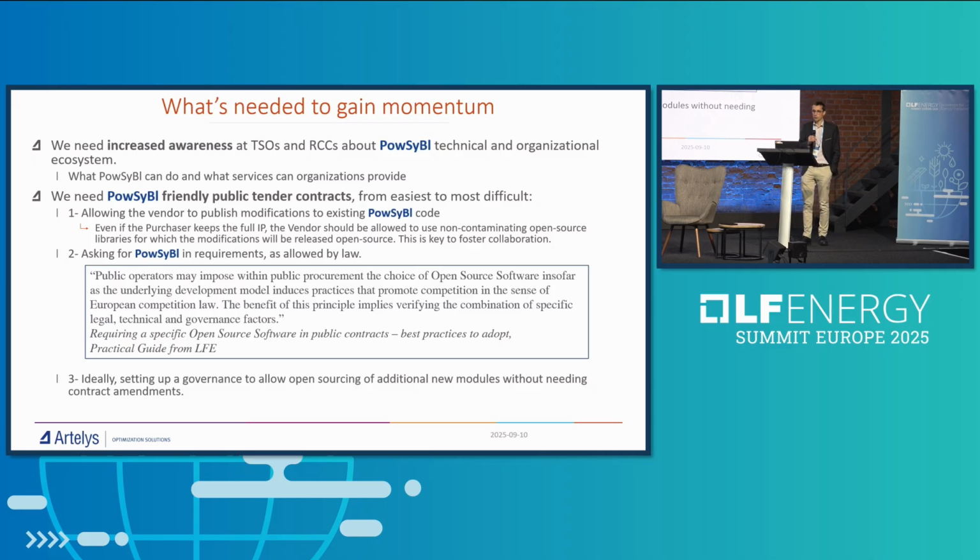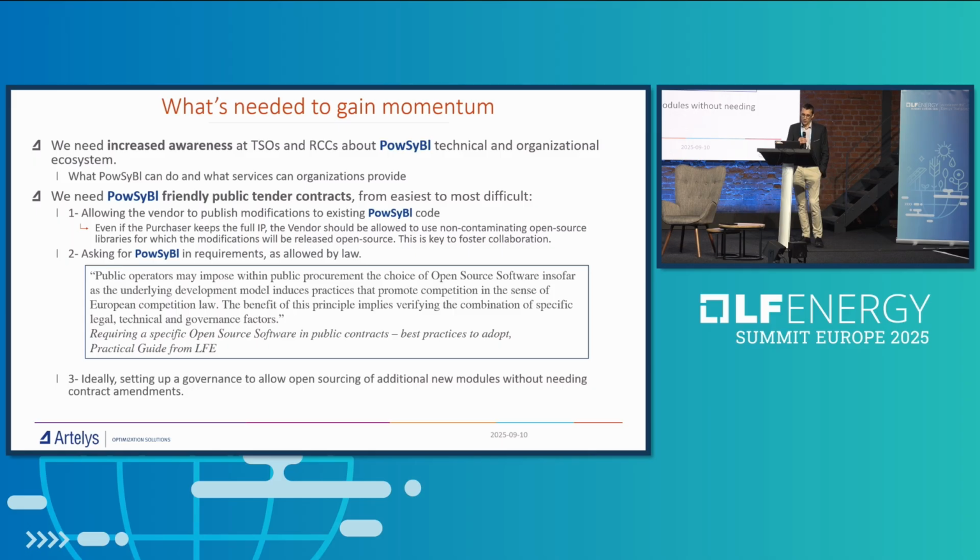This could be in the contract, so it could be something like that the purchaser keeps the full IP, but the vendor is allowed to use non-contaminating open source libraries for which the modification will be released as open source, even if the purchaser keeps the IP. This is really important. This is the basic step to foster collaboration and to allow a vendor like a service provider like Artelys to use PowSyBl.